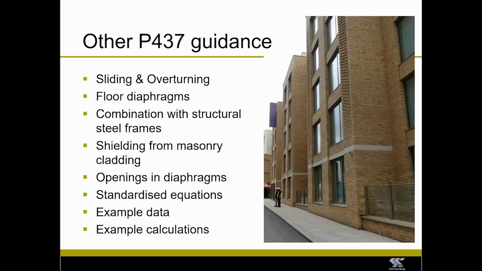And there's lots of other good stuff in the publication which I haven't had time to go into in detail in this webinar. So things like sliding and overturning, floor diaphragms, etc. You can see the list there. And of course, there are lots of example calculations in the publication as well.